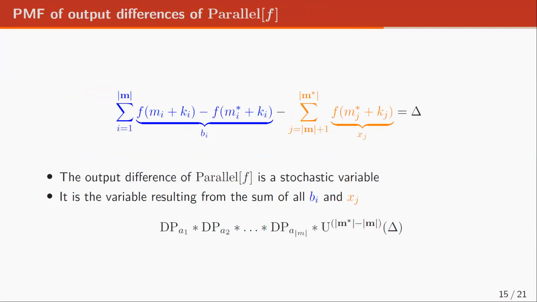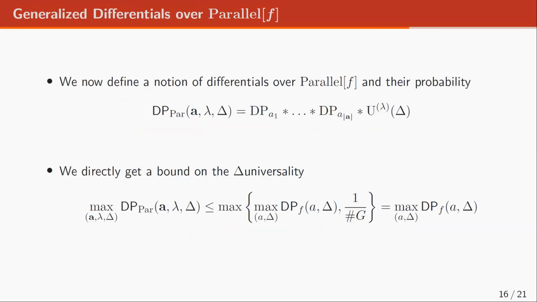And so what we can realize is that the output difference of parallel f is a stochastic variable with a probability mass function that is the convolution of every stochastic variable in this difference. So we can now define a differential over parallel f, which has inputs (A, lambda) and output delta, and is given by evaluating this PMF at delta.